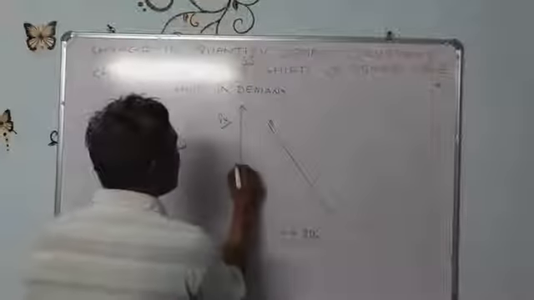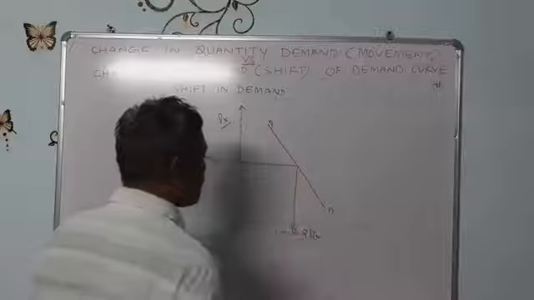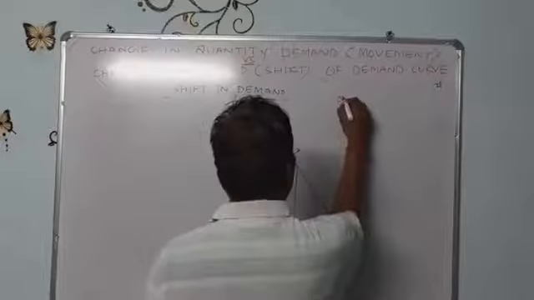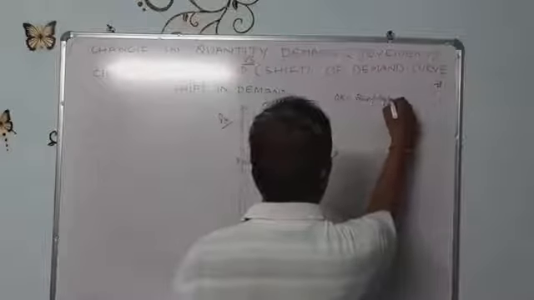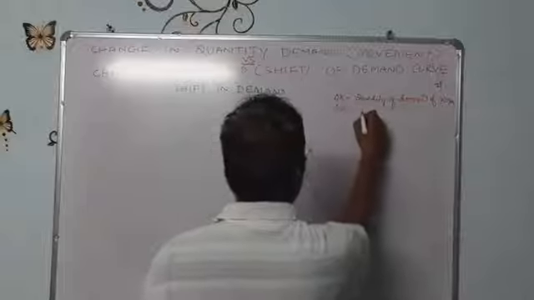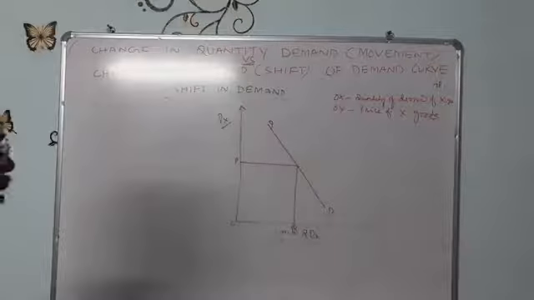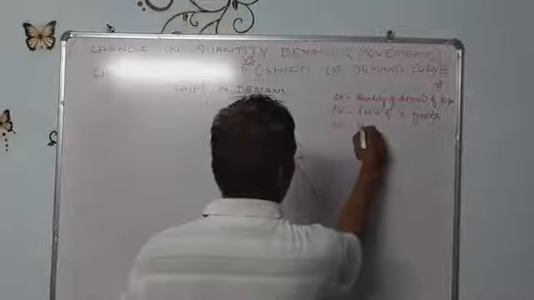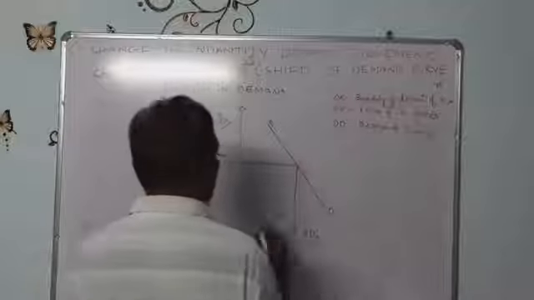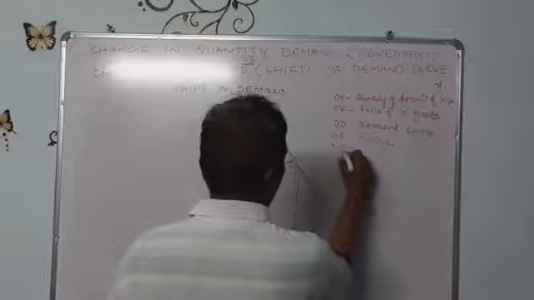At that time, OP is the price and OQ is the quantity demanded.